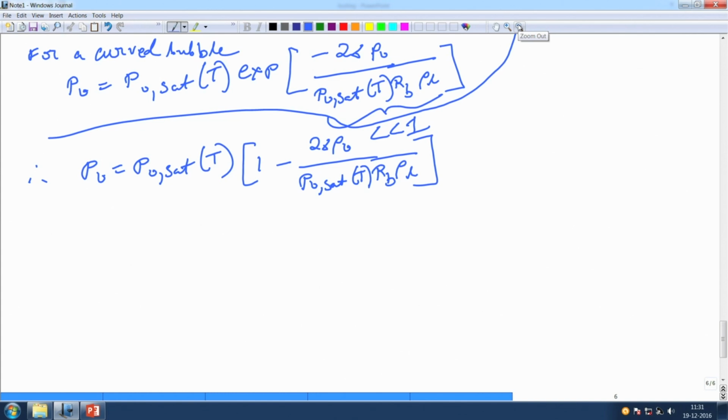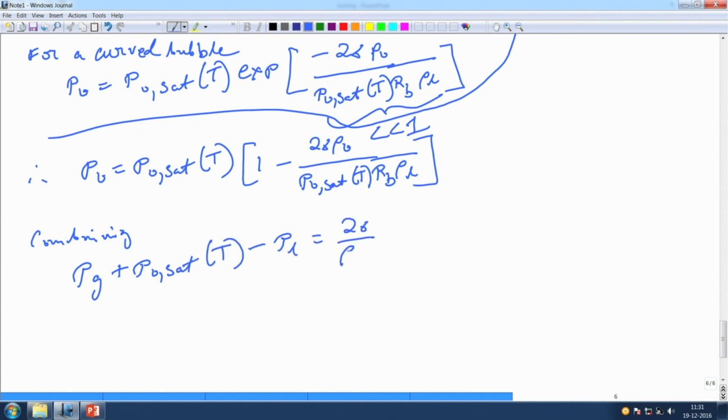Okay. Now, if you combine, you can write Pg plus PV sat minus PL equal to 2 sigma by RB into 1 plus rho v by rho L.